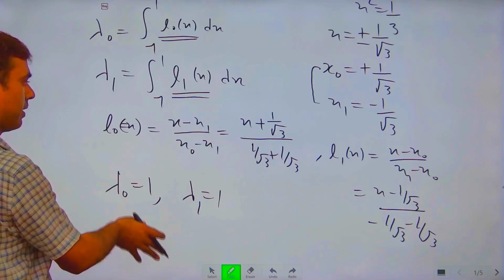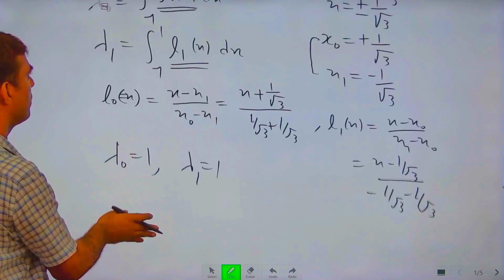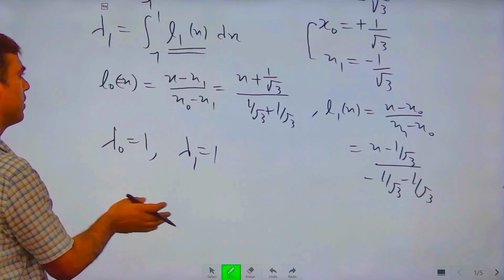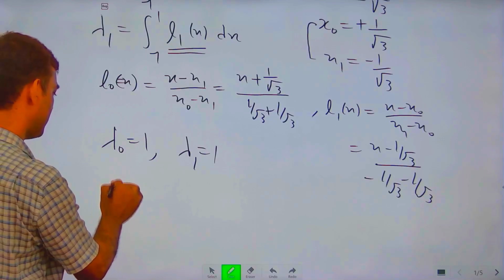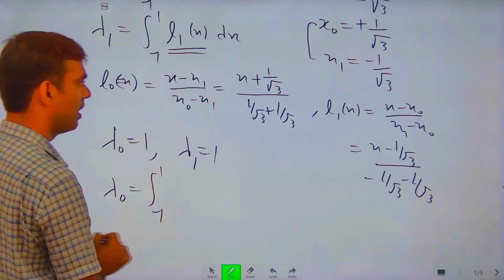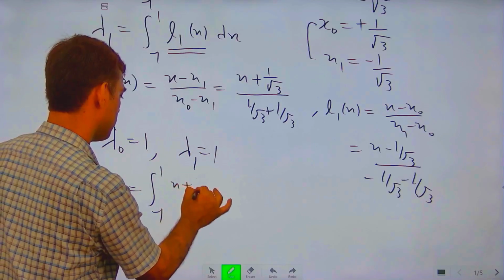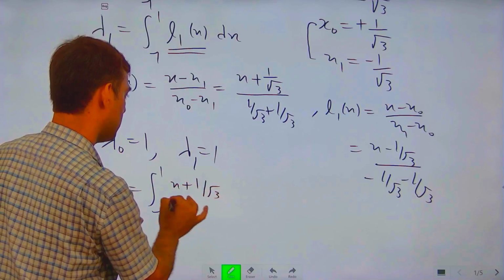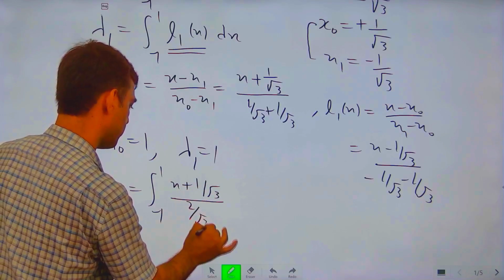So, how do we calculate the value of lambda 0? Lambda 0 equals the integral from minus 1 to 1 of L0(x) dx, where L0(x) is (x plus 1 upon root 3) divided by 2 by root 3.